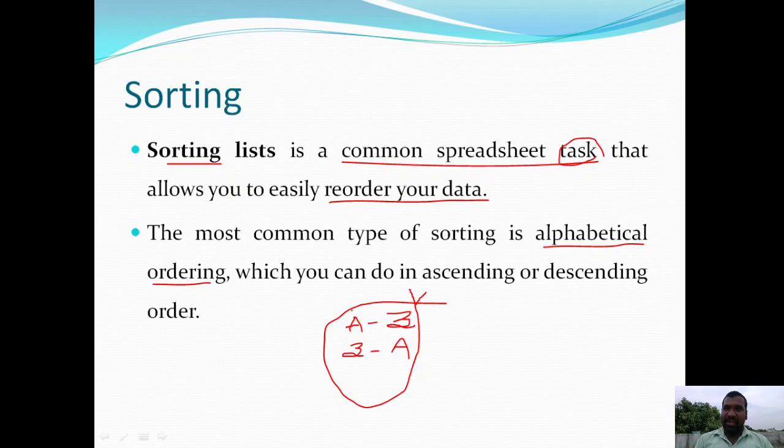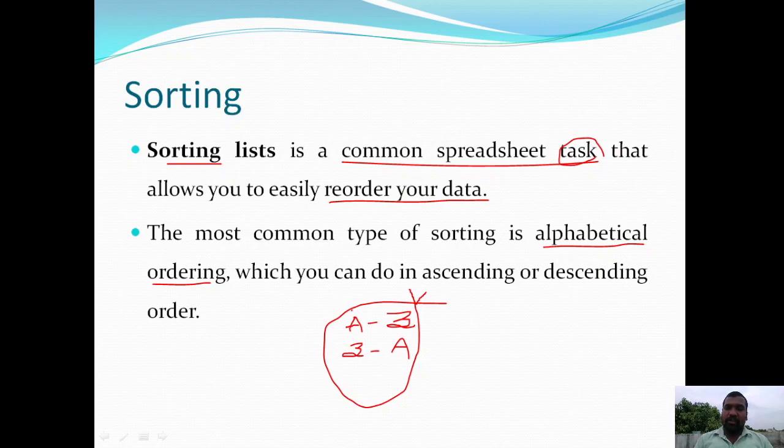The technique may be alphabetical ordering or numerical ordering. In alphabetical ordering, all the information is sorted either A to Z or Z to A, depending on whether we choose ascending or descending order.